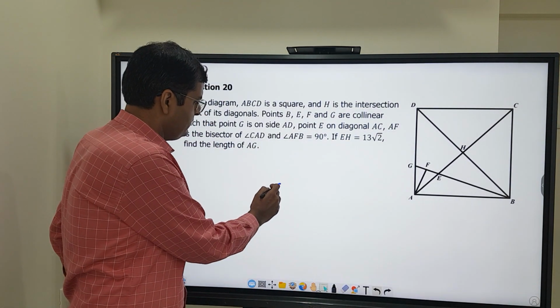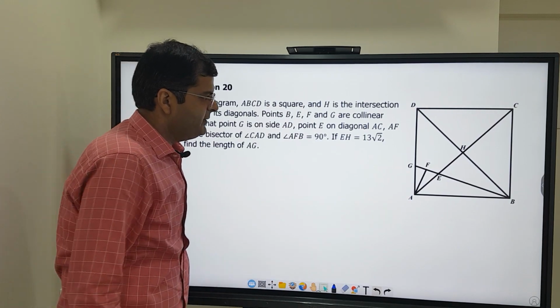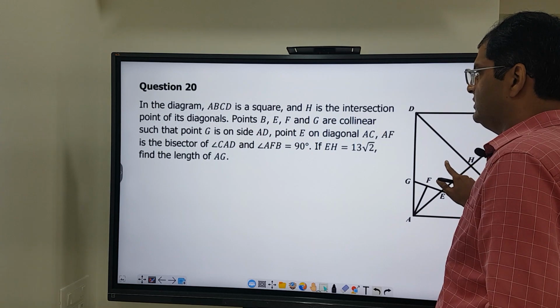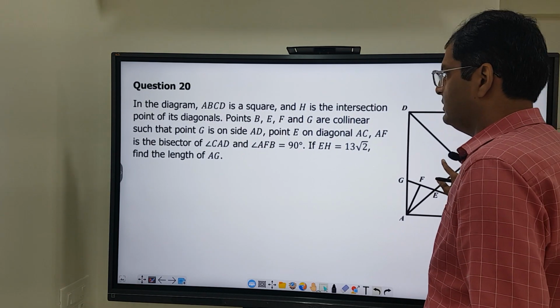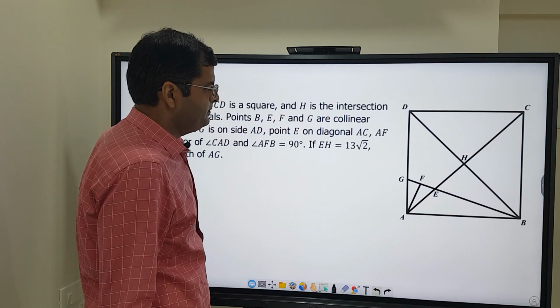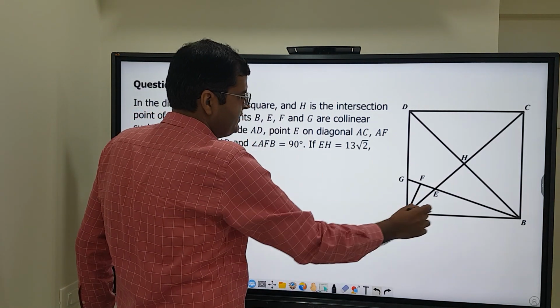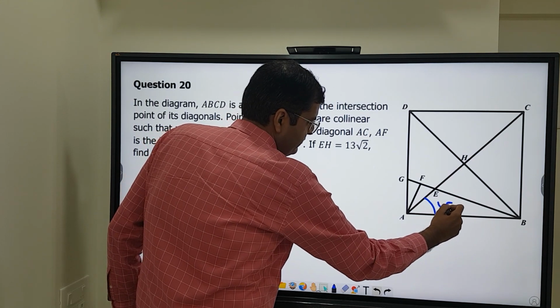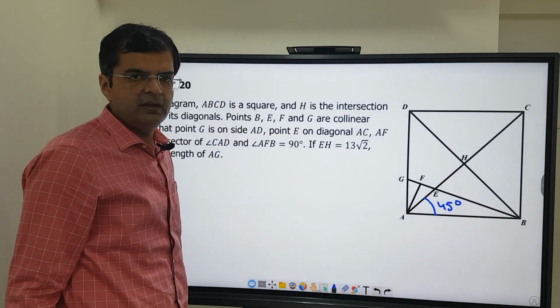Now, let me come on this side, and what I'm going to do is expand the figure like this. First of all, ABCD is a square, so AC is the diagonal, and this part is 45 degrees.